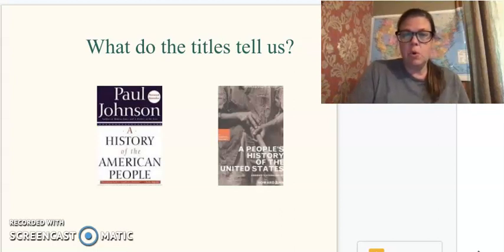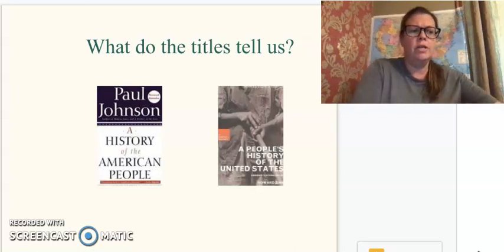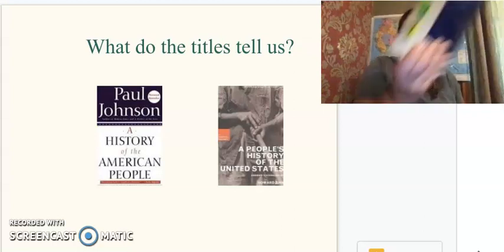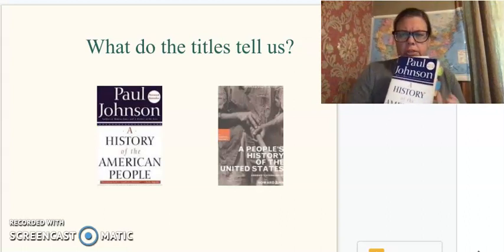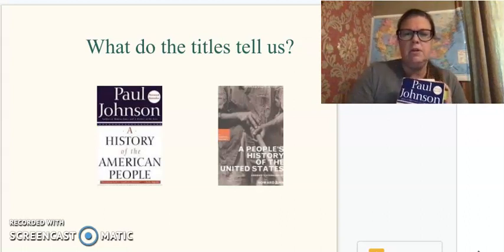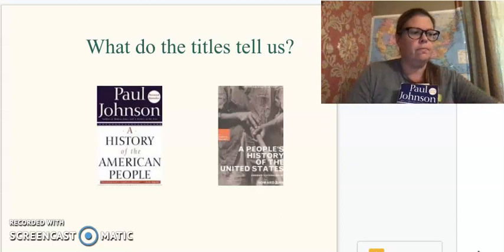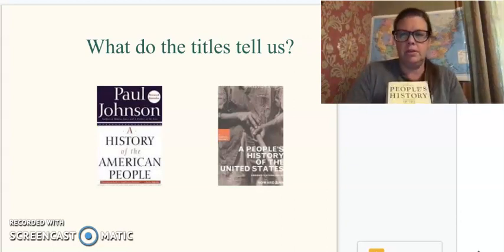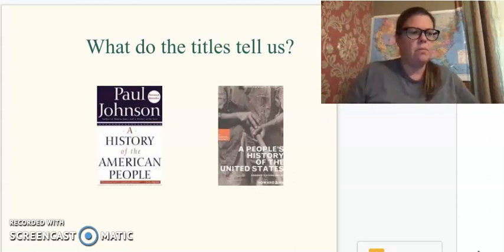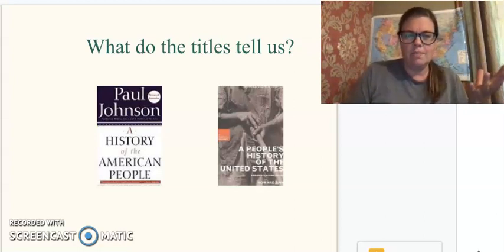And I think it's important to just look at the very titles of the books to think about what these tell us. If we look at Paul Johnson, A History of the American People, and then Howard Zinn, A People's History of the United States, right off the bat you get two very different ideas about what these books are about.